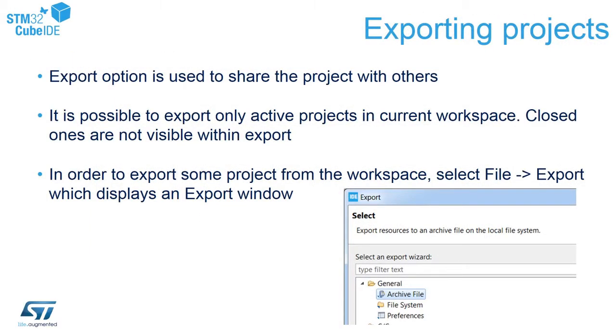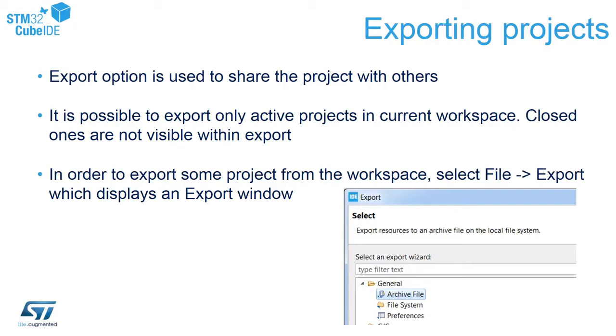If you would like to share the project with others or just store the project in some external repository, we can do it using the export option, which is also a feature of the Eclipse environment. To do this, we need to go within the workspace to File, Export.